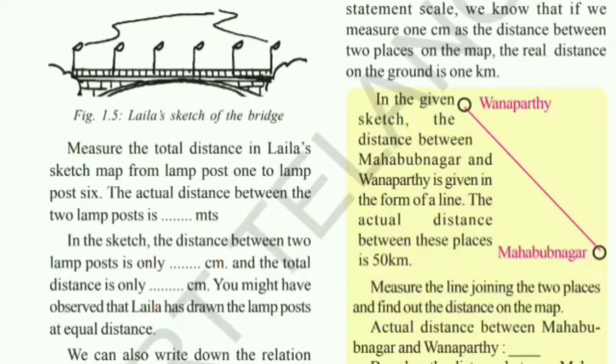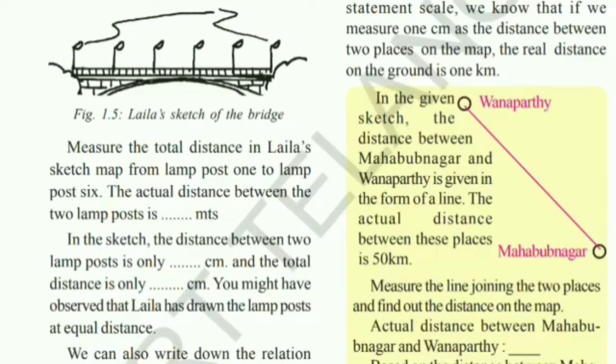Observe figure 1.5, Laila's sketch of the bridge. She had finished the sketch map of the bridge and she took her own measurements. See here, measure the distance in Laila's sketch map from lamp post 1 to lamp post 6.